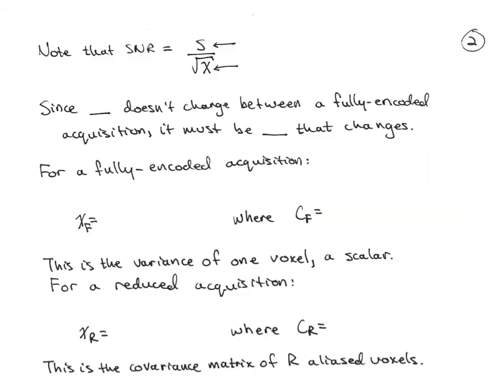Now, to understand this a bit further, we can note that SNR is equal to the ratio of the size of the signal and the square root of the signal's variance. Since the signal presumably doesn't change between a fully encoded acquisition and an accelerated one, it must be the variance, chi, that changes.